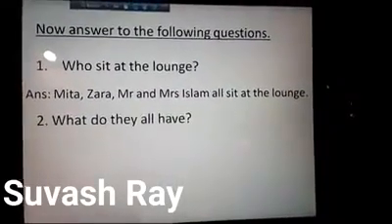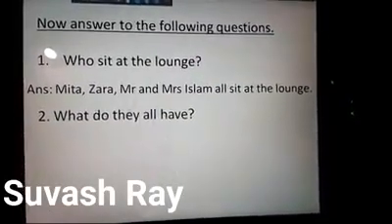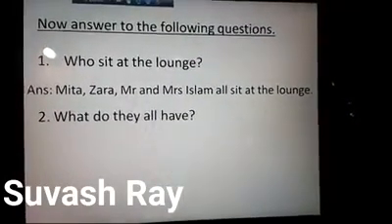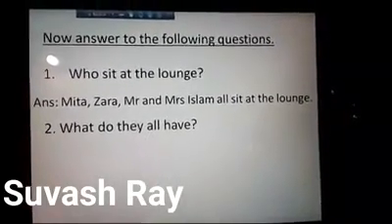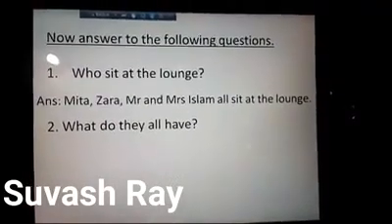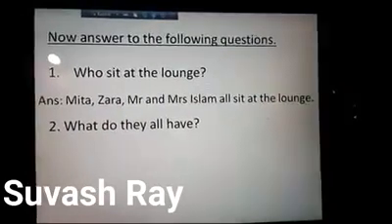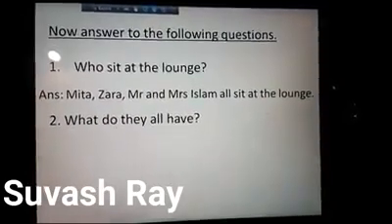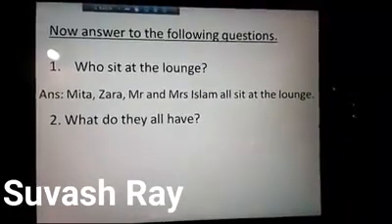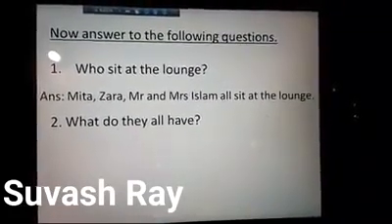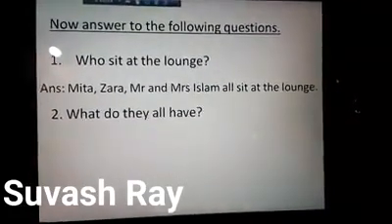Okay, now question number 2. What do they all have? We discussed in the passage that whenever anyone goes on any traveling or trip, he or she needs some things, so he or she needs some bags or suitcase.